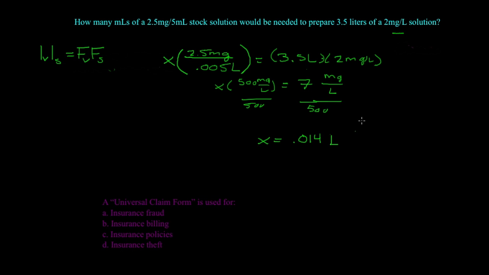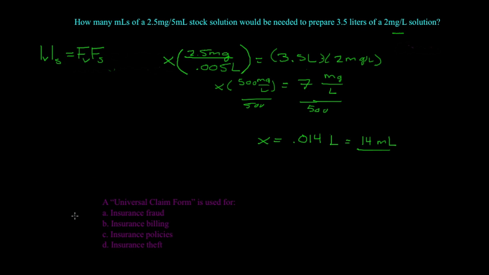And when we convert that to milliliters, that's going to be 14 milliliters. So we are going to need 14 milliliters of the 2.5 milligram per 5 ml stock solution to prepare 3.5 liters of the 2 milligram per liter solution.